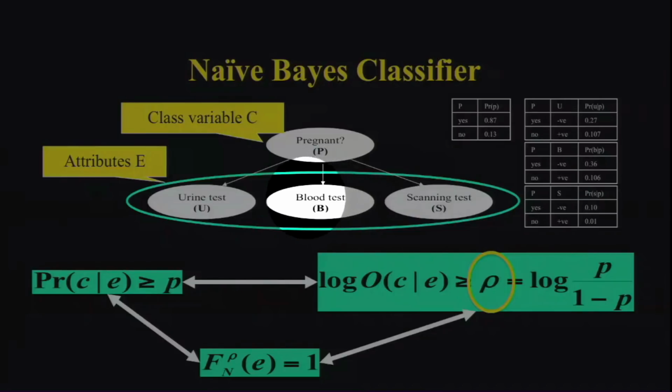And the gist of it, what you're going to find is the following. We're going to find that if this is 87%, there is an interval that this belongs to. And as long as your prior is in that interval, this thing doesn't change. It will end up leading to the same classifier.